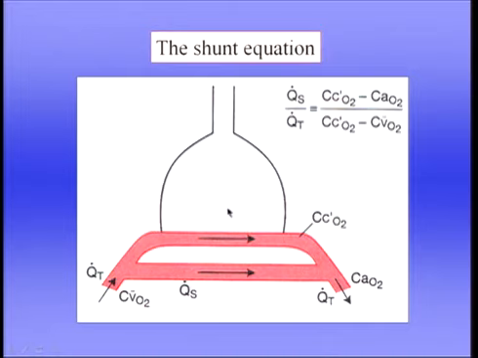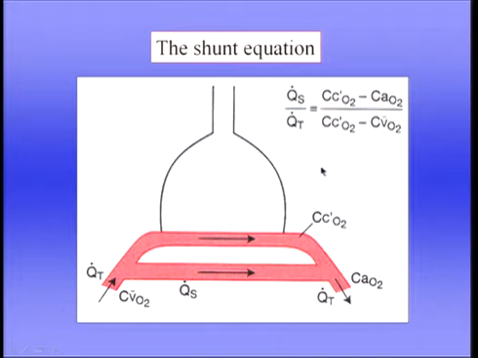We looked at that in an earlier session. We can calculate the concentration of oxygen. So we assume here that the saturation will be normal, 97, 98%, so we can easily calculate the end capillary oxygen concentration. So that's a useful equation.